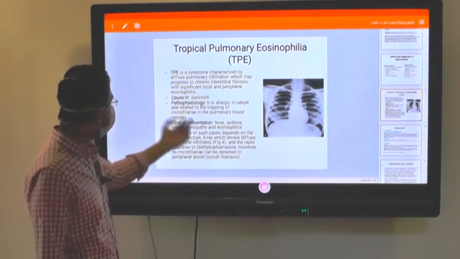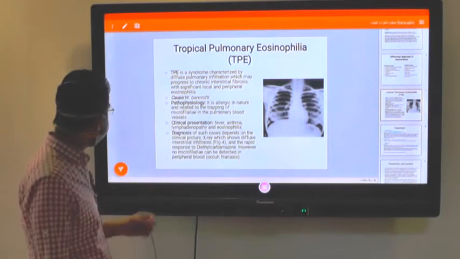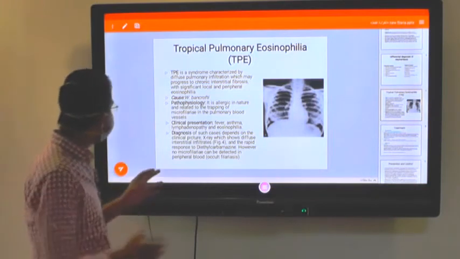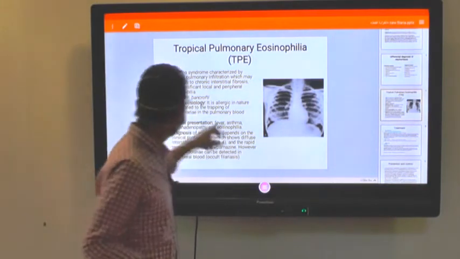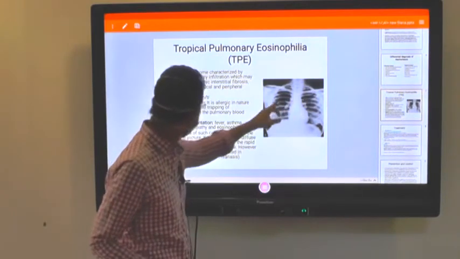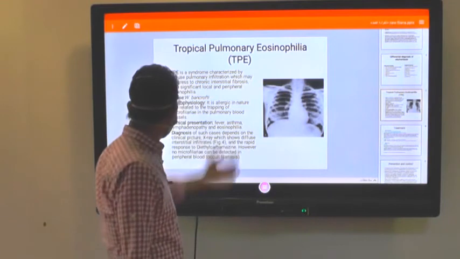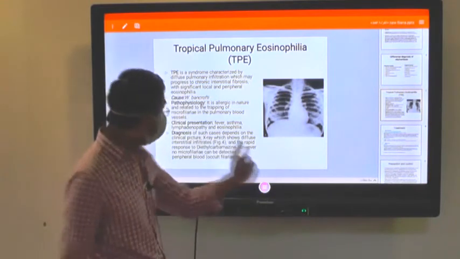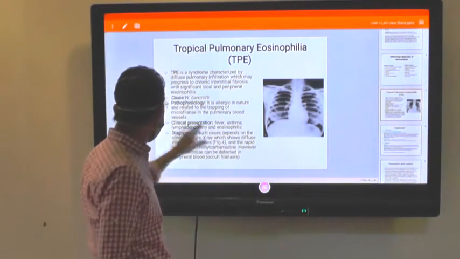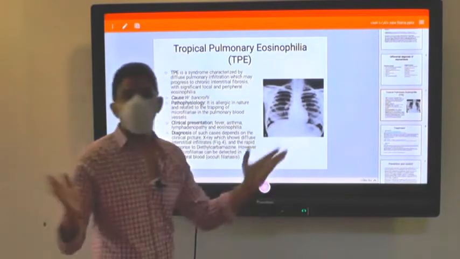The pathophysiology is allergic in nature and related to the trapping of microfilariae in the pulmonary vessels. Clinical presentation includes constitutional fever, an allergic condition like asthma, lymphadenopathy, and peripheral eosinophilia.